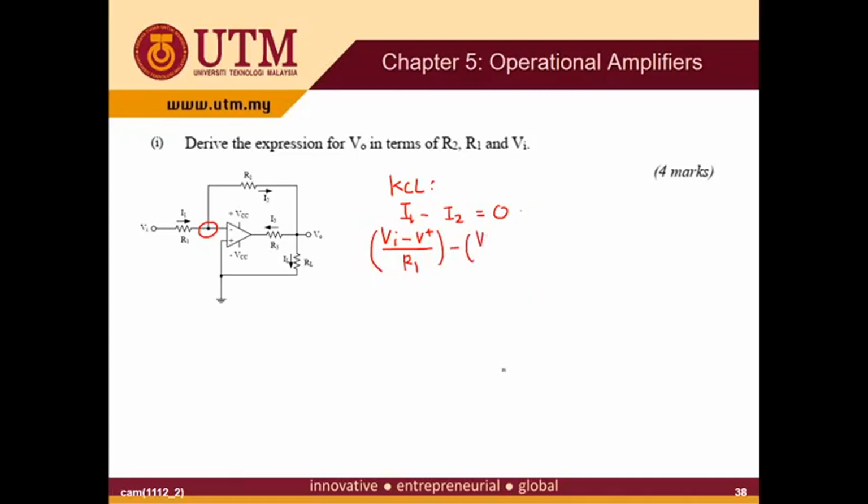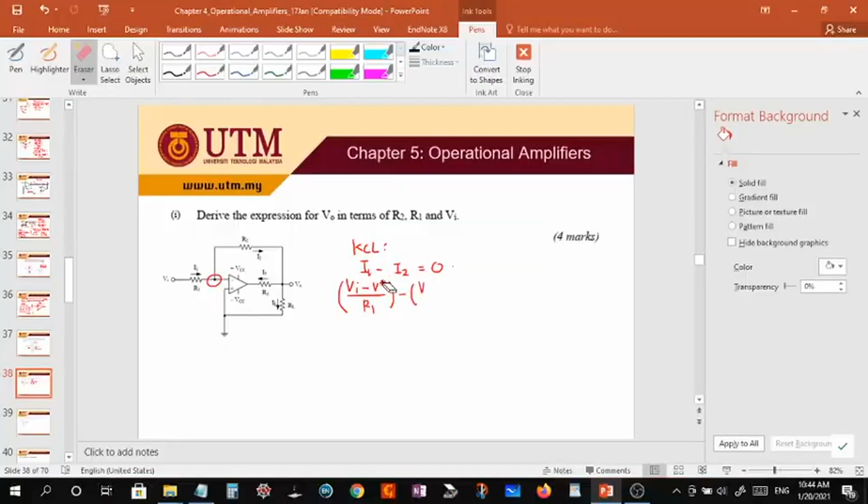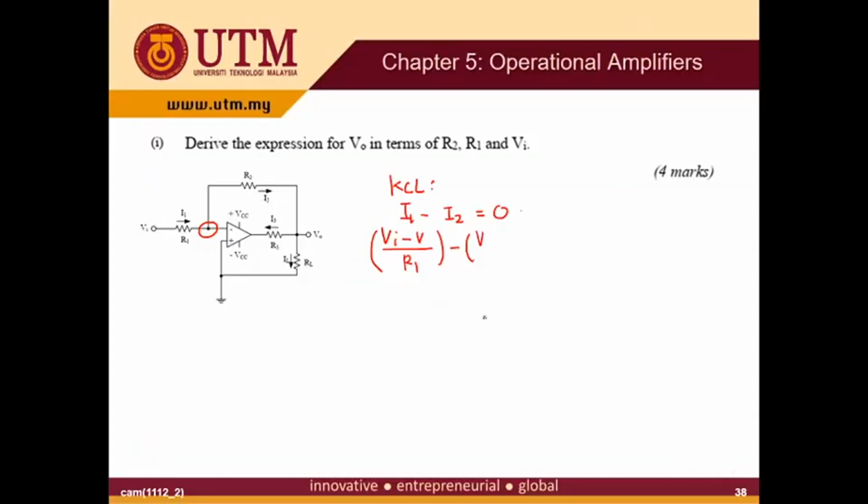Oh, I made a mistake here. It is Vi minus V minus, not V plus. And I2 is V minus minus Vout over R2, equal to 0.